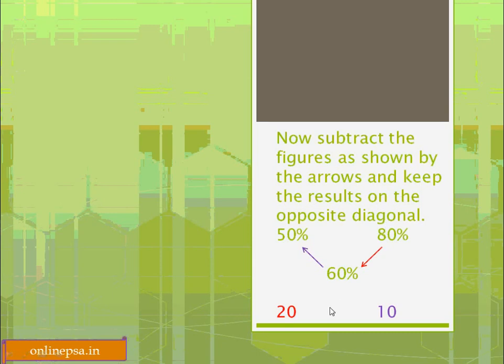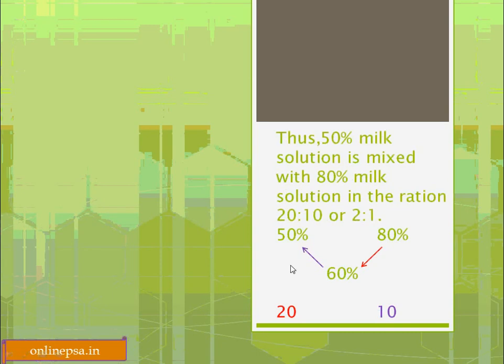Once we have written 20 and 10, we should notice that the 50% milk solution needs to be mixed with 80% milk solution in the ratio 20 is to 10, which is nothing but 2 is to 1. And this is the same answer that we got when we used the formula for weighted average.